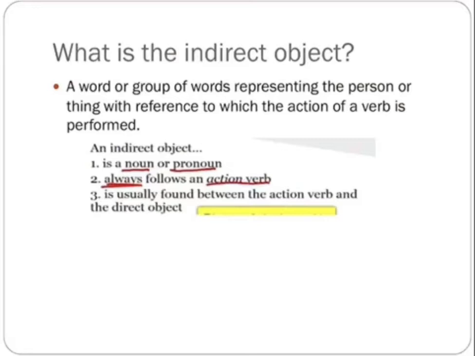It is usually between the action verb and the direct object. Here in the example, I gave him the pen. So gave is the verb, the direct object is the pen, and him is the indirect object.